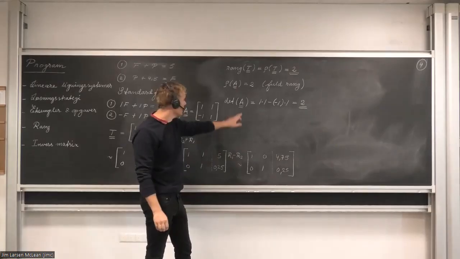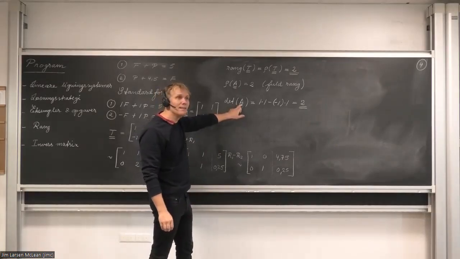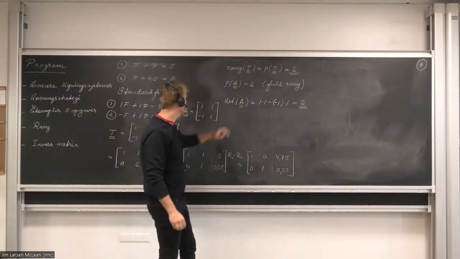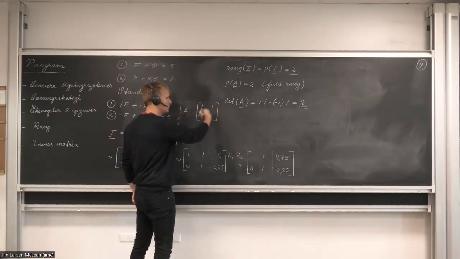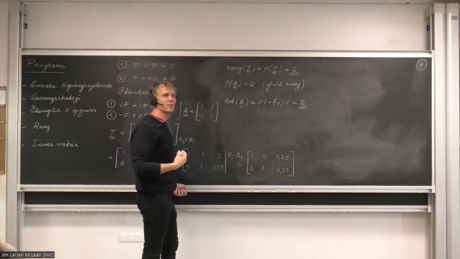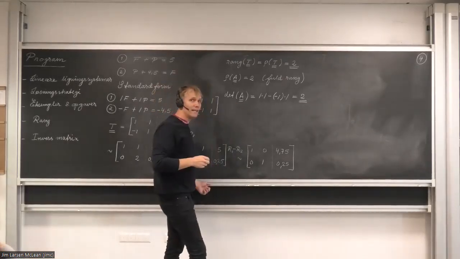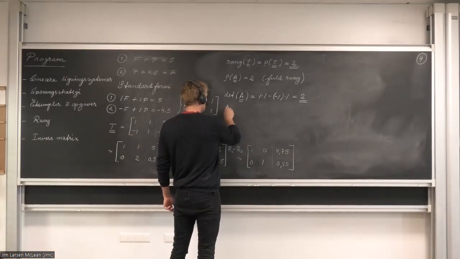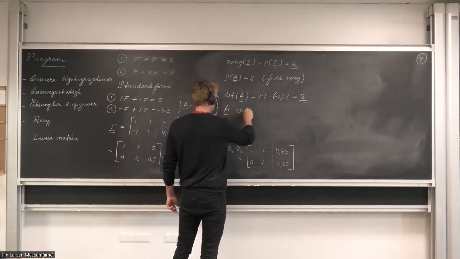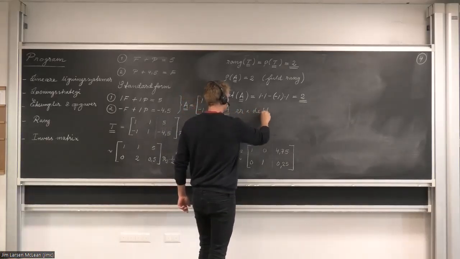If A is a matrix with an equal number of rows and columns, we call A a square matrix. In this case, A is square, so they write it down. A is square in this case.